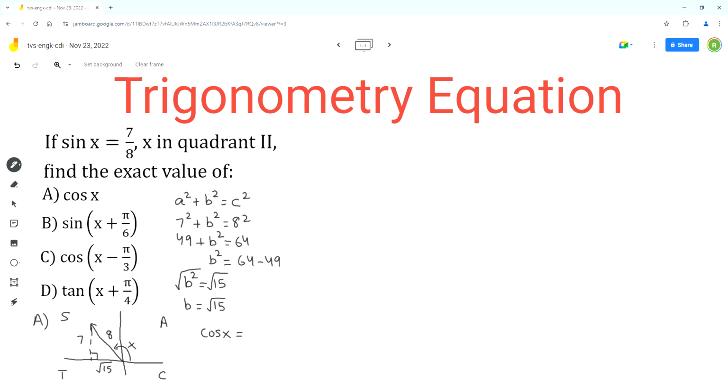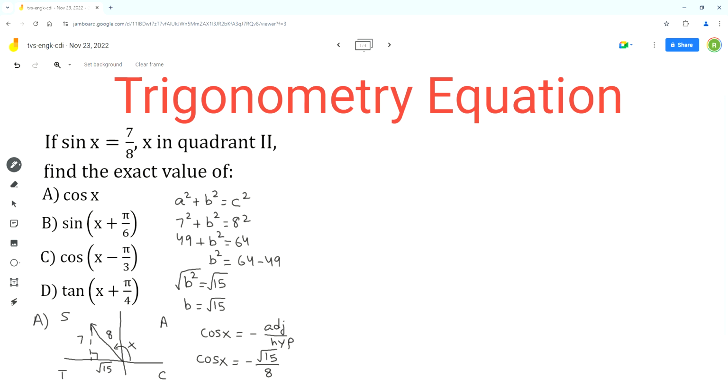And in quadrant 2, cos is negative. The length of the adjacent side is square root of 15 and length of the hypotenuse is 8. So this should be the final answer for part A.